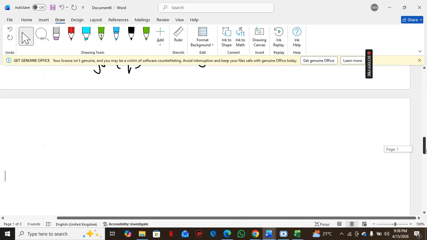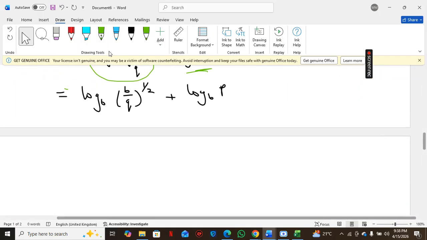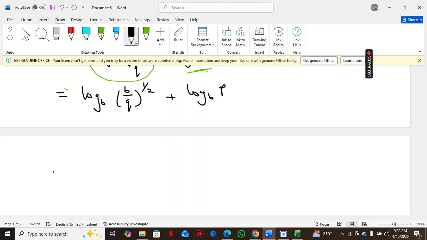So this power half comes to the front. We're going to have half of log base b of b over q, plus log base b of p.